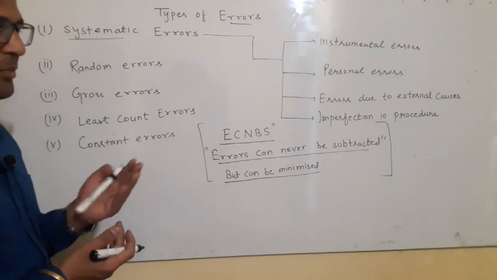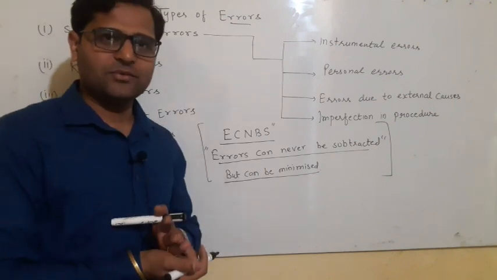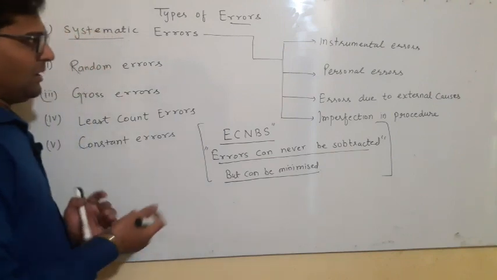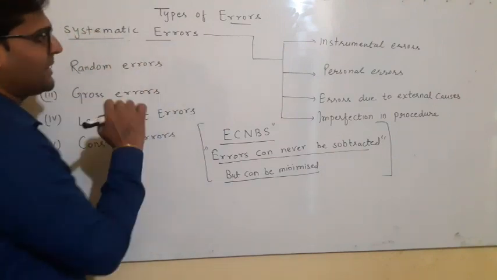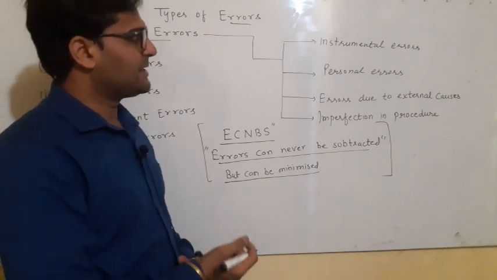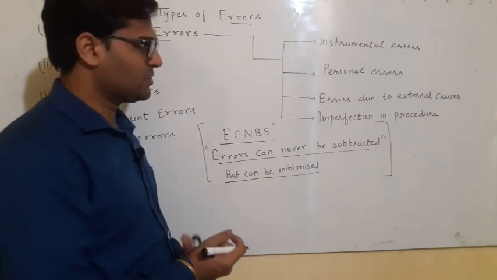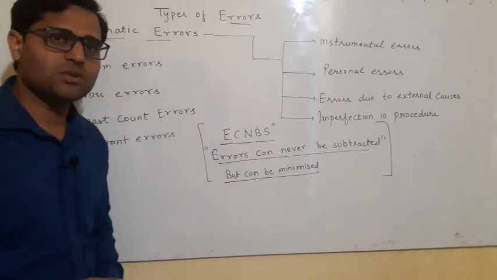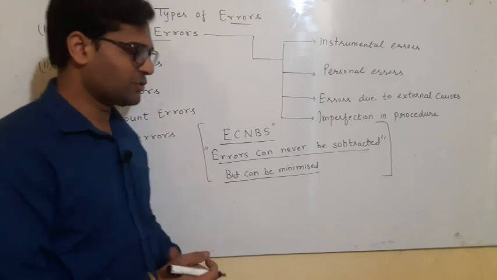It may be positive error or it may be negative error, but we can minimize these types of error. So there are some types of systematic errors. One is your instrumental errors, second is personal error, third is errors due to external causes, and last is imperfection in procedure or the technical procedure.